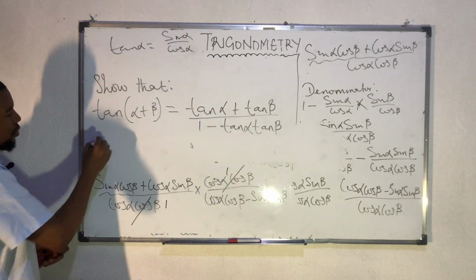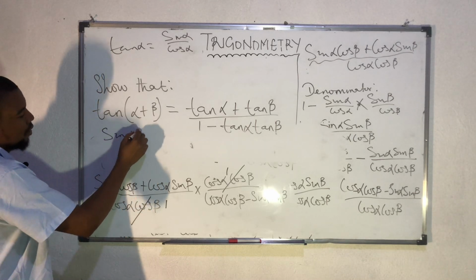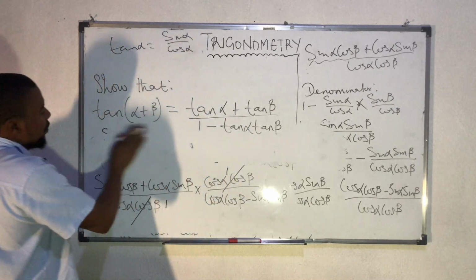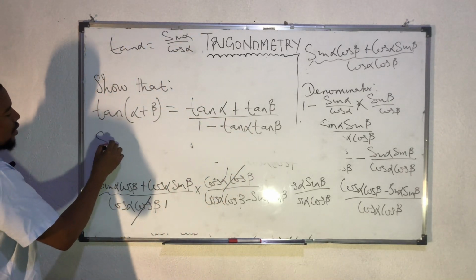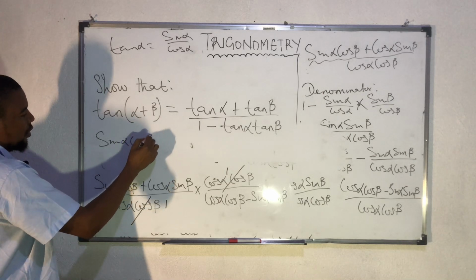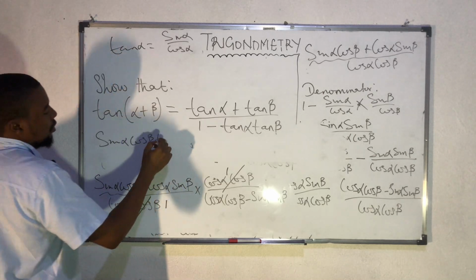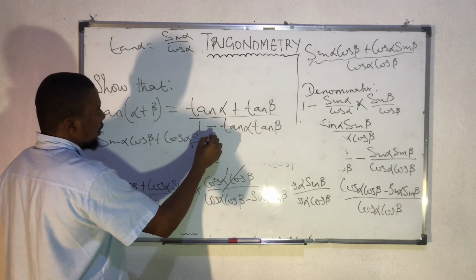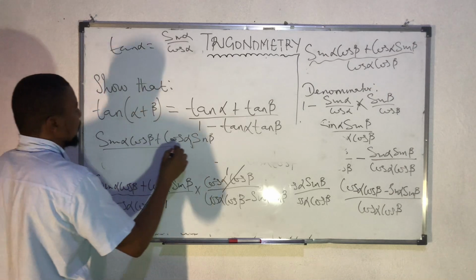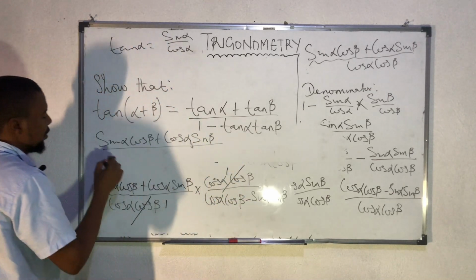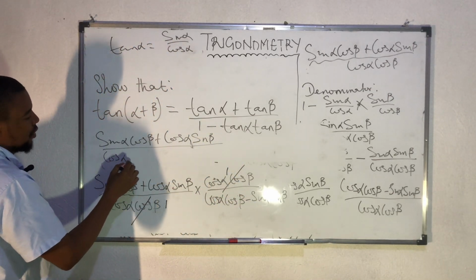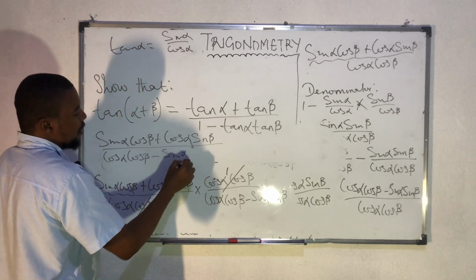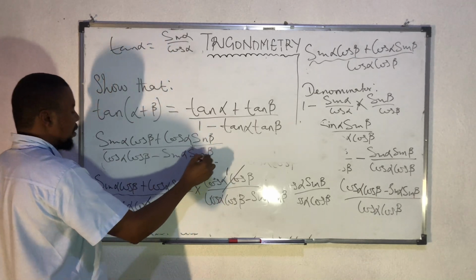if we do the multiplication, we shall have sine alpha cos beta. Okay, I think we don't have enough space here. We shall obtain sine alpha cos beta plus cos alpha sine beta over the next one here, which is cos alpha cos beta minus sine alpha sine beta.